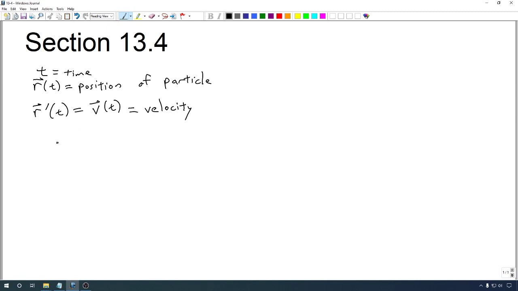If we do want to just talk about the speed, we can look at the real valued function v of t, which is the magnitude of the velocity function. That's just going to be the speed of the particle, without taking into account what direction that particle is moving.